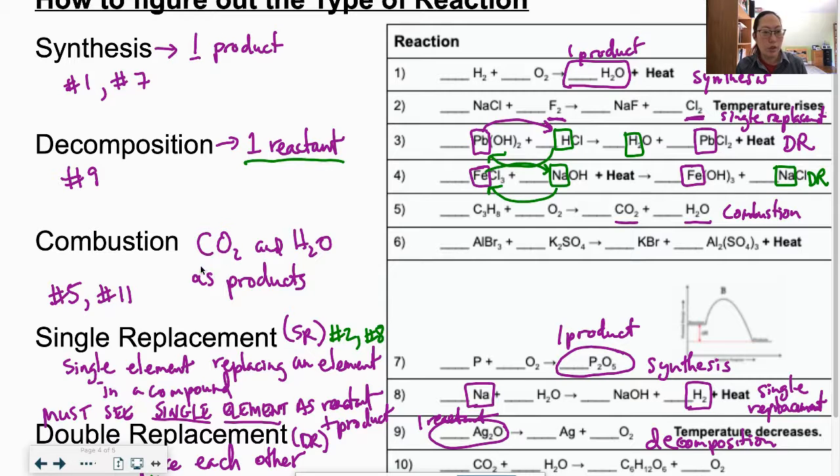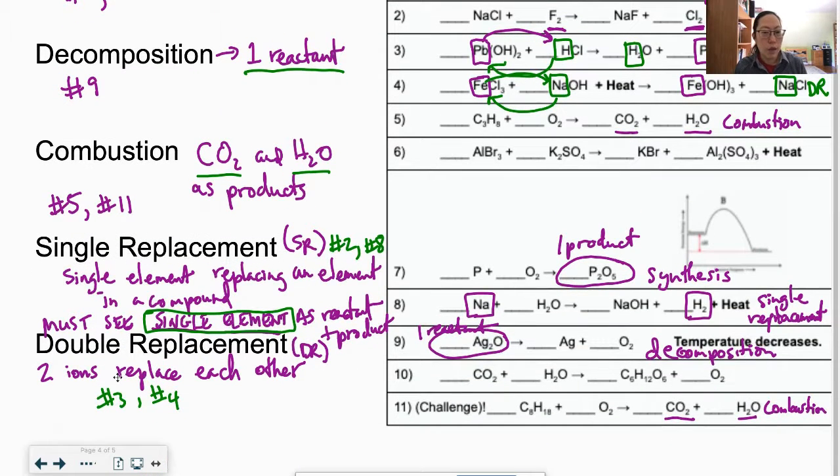For combustion, look to see if you have CO2 and H2O as the products. For single replacement, look to see that you have a single element as a reactant and as a product. And for double replacement, you'll see the double replacement of two ions that are taking the place of each other.